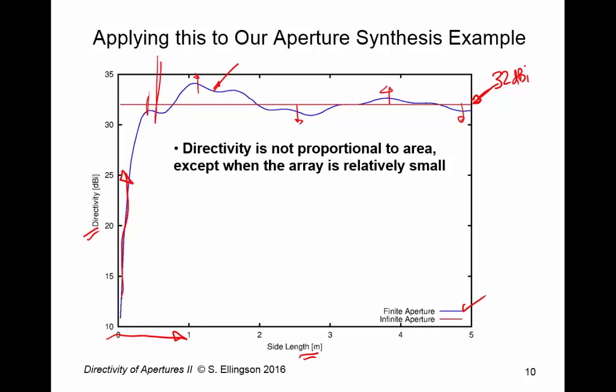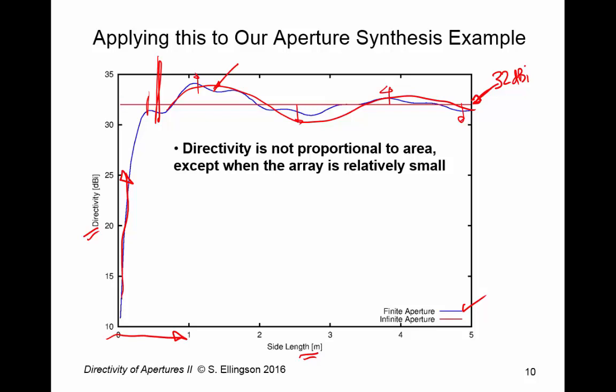But then we see that there's some threshold aperture size, say about half a meter by half a meter, where we stop increasing directivity in proportion to size, and instead we start oscillating around the theoretical or ideal value. So it's only when the array is very small do we see what you might consider intuitive, which is directivity increasing with area.